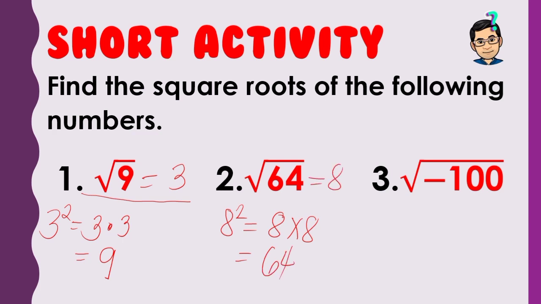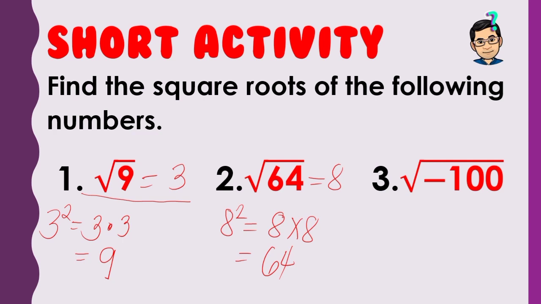And then finally, we have square root of negative 100. So, to give you a tip, hindi po natin pwedeng extract ang square root ng mga negative numbers, negative integers, unless positive sila. Okay? So, kapag ganun po, ang magiging sagot nila is imaginary. Hindi po saklaw yun ng lesson natin.